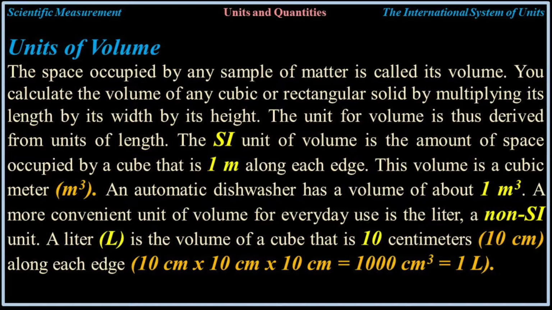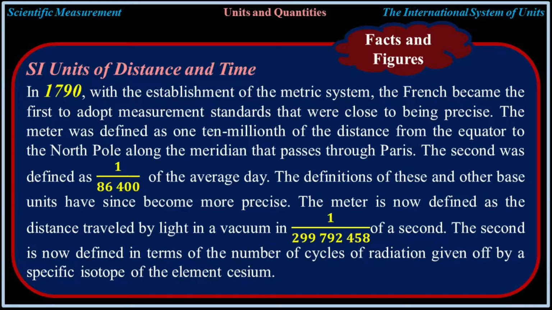This volume is a cubic meter, m^3. An automatic dishwasher has a volume of about a cubic meter. A more convenient unit of volume for everyday use is the liter, a non-SI unit. A liter is the volume of a cube that is 10 centimeters along each edge. 10 centimeters times 10 centimeters times 10 centimeters equals 1,000 cubic centimeters equals 1 liter.